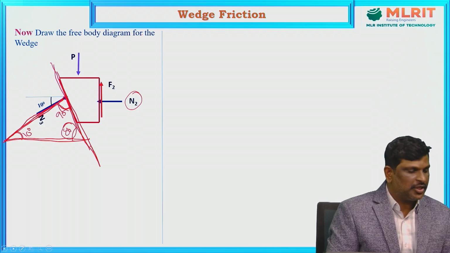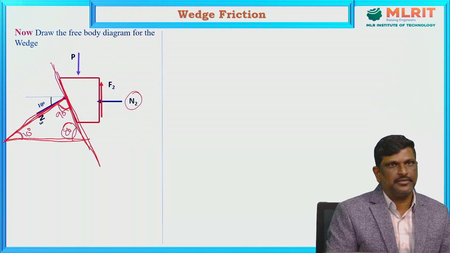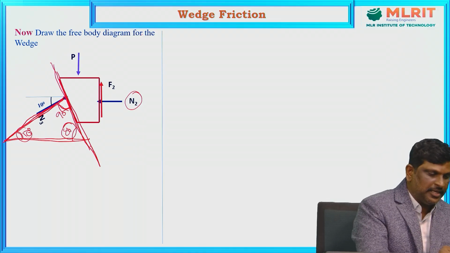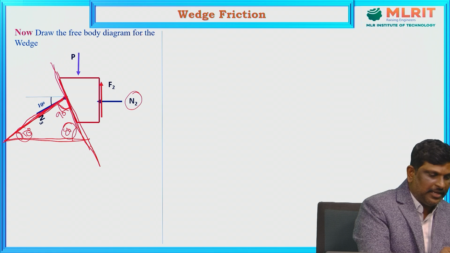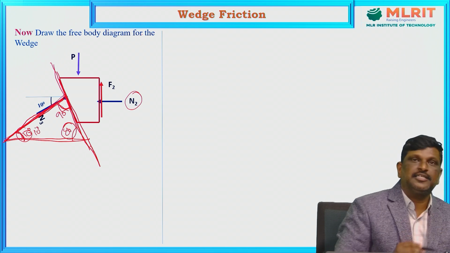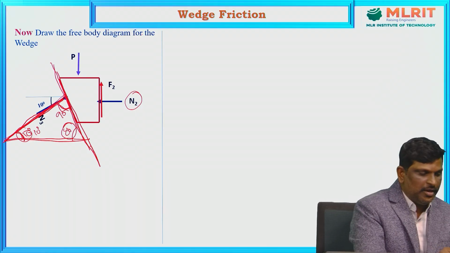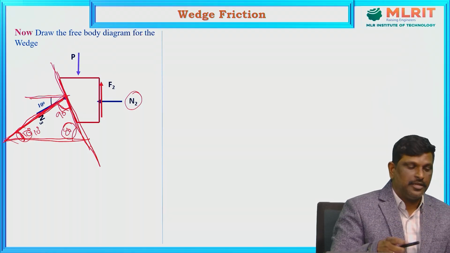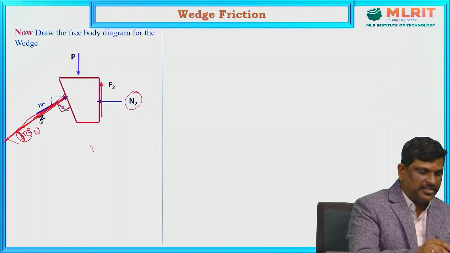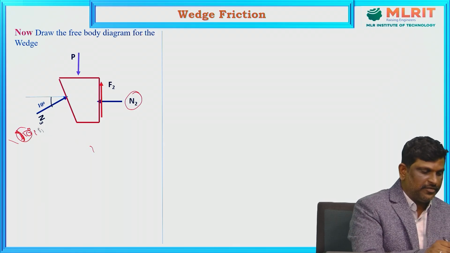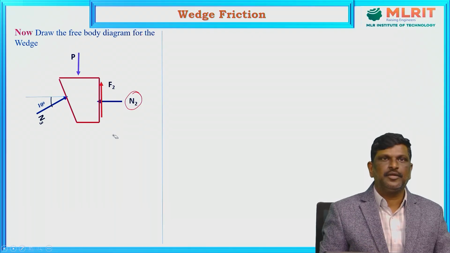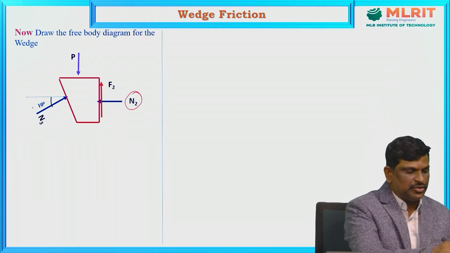We know that the total angle in a triangle is 180, so the remaining angle is 10 degrees. It is making an angle of 10 degrees to the horizontal. This is our wedge angle. The normal reaction is making 10 degrees to the horizontal.